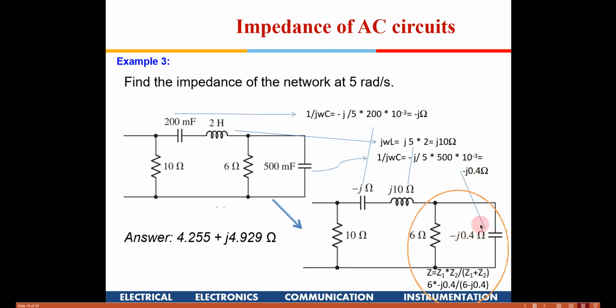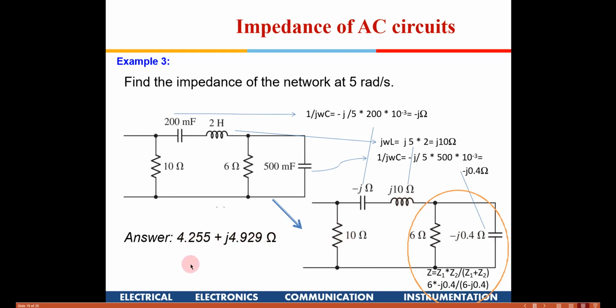Now, this is a parallel combination, and the same formula which we applied for resistances applies: Z1 into Z2 divided by Z1 plus Z2. We need to do this simple complex arithmetic which we studied in our maths. Then we can add these two in series, and then again in parallel. So, this is the final answer.